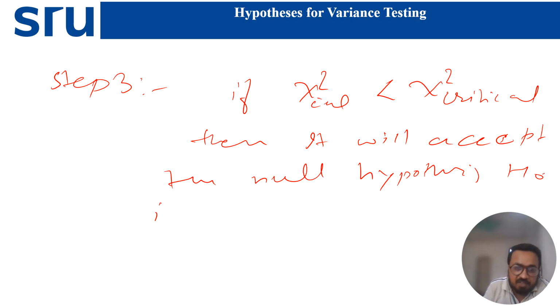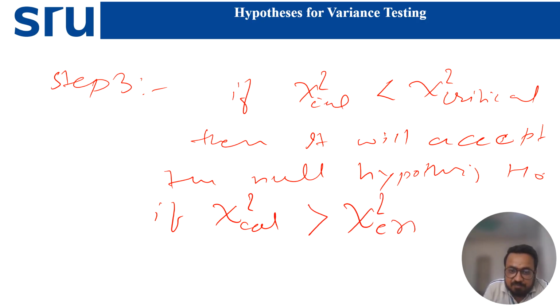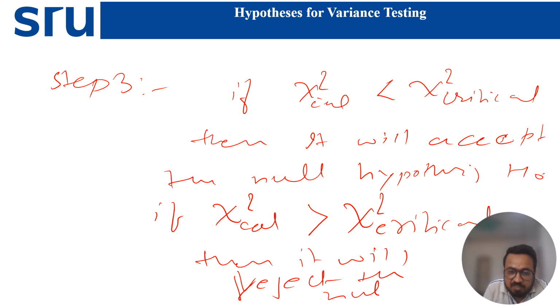If chi-square calculated is greater than the chi-square critical value, then we reject the null hypothesis, right?